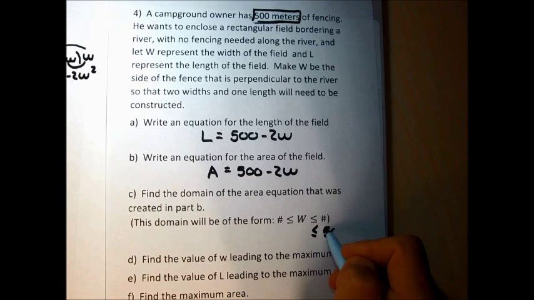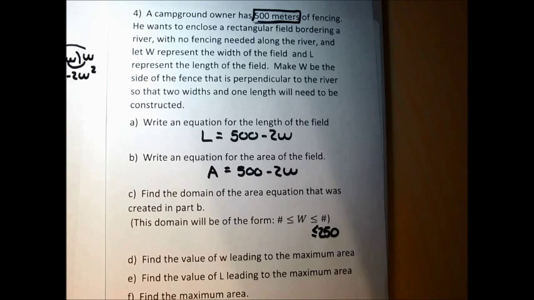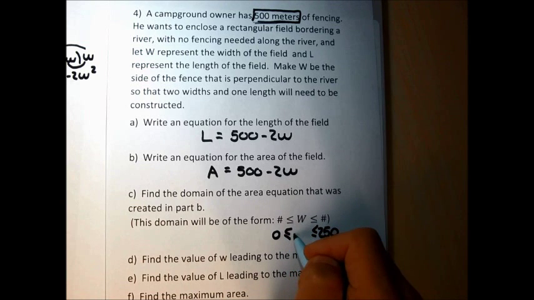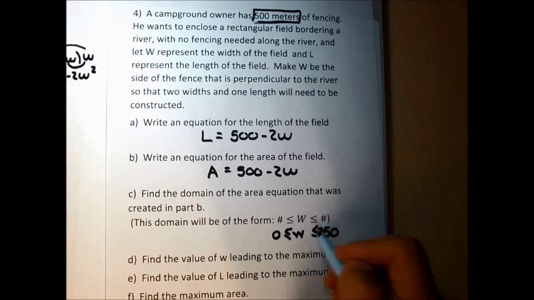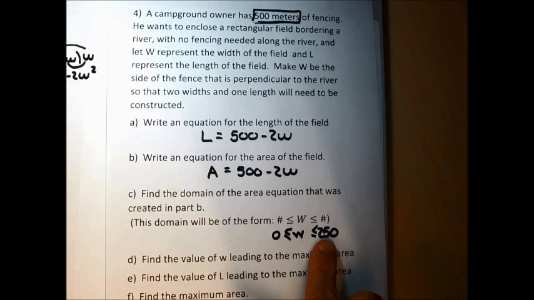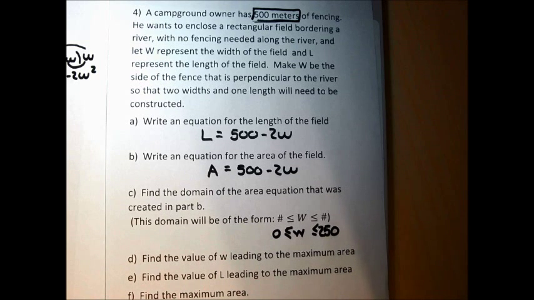That would tell me what each width can be at maximum. And of course, the lowest the width can be is 0. You couldn't build less than 0 because that's physically impossible. So the answer that I get for W, the width of my field, has to be somewhere between 0 and 250.